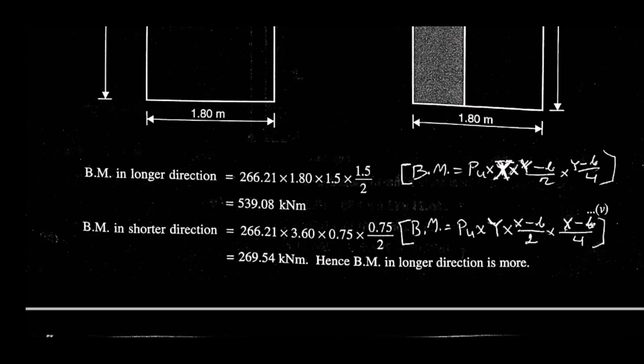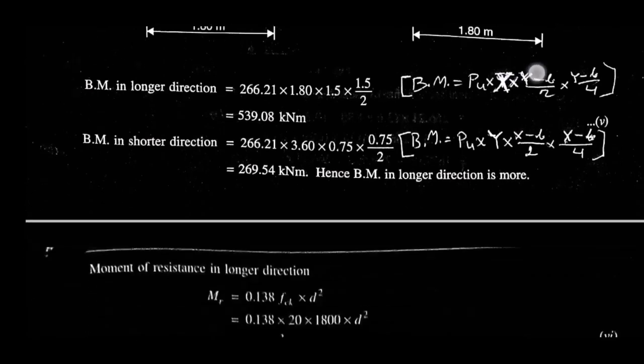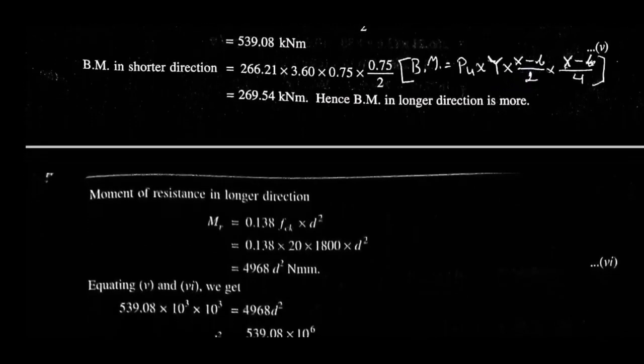Now bending moment in shorter direction, written the formula again. This is equals to 266.21 into 3.6 into 0.75 into 0.75 by 2, that is equals to 269.54 kilonewton meter. Hence bending moment in longer direction is more, so we have to take this for consideration.